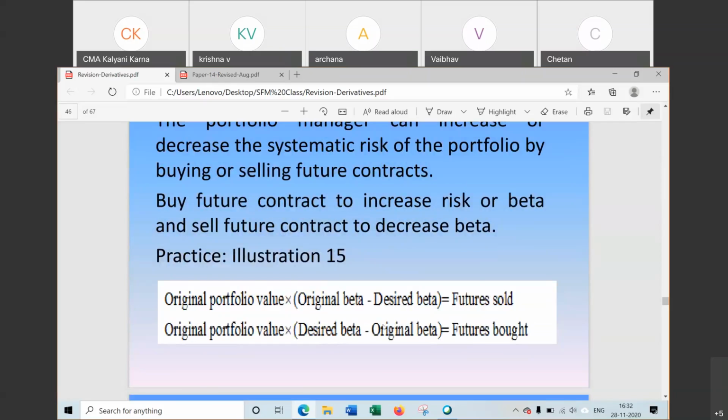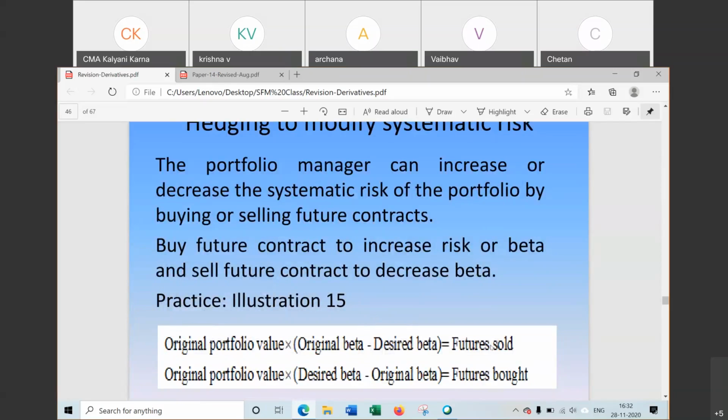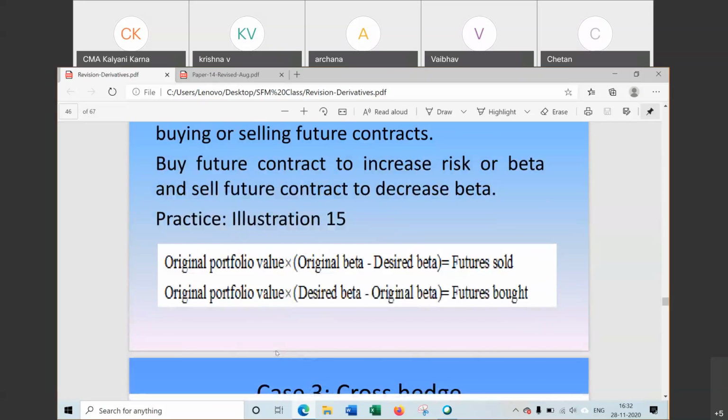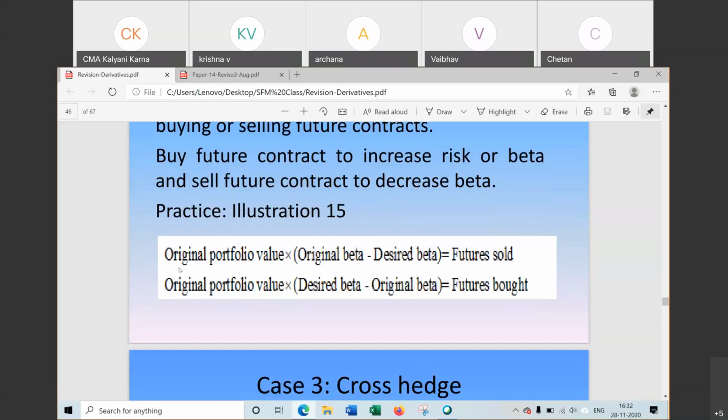So when beta can be increased or decreased, how do we find the number of future contracts? Original portfolio value into original beta minus desired beta. It means here the beta is decreased. When beta is decreased, future contracts are sold.